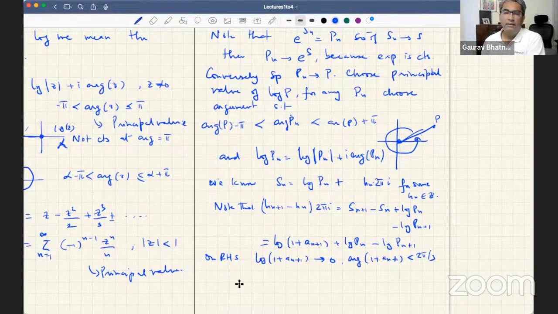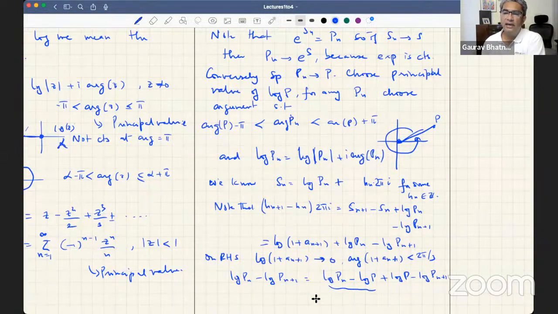And this guy, log of P_n minus log of P_{n+1}, we can write as log of P_n minus log of P plus log of P minus log of P_{n+1}. So again, this goes to 0, this goes to 0.